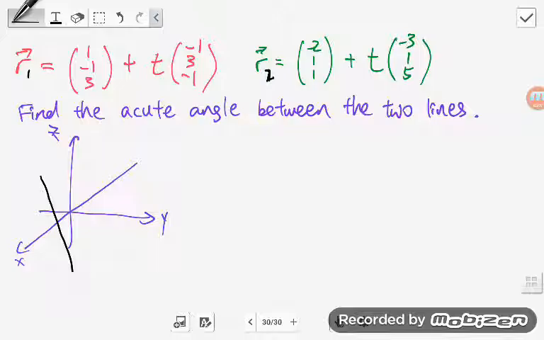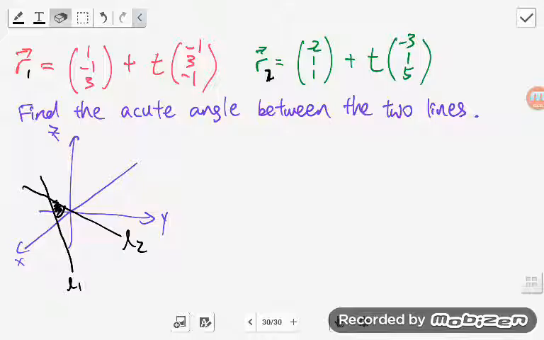Let's say this is my line 1, and I have another line which goes somewhere like that, and this is my line 2, and they want us to find this angle there, and this is in 3D, right? So if we were to do this using sine, cosine, tangent, and all that, breaking it down into 2D, it will take us forever, right? So this is why vectors are so neat, because we don't really have to worry about any of that.